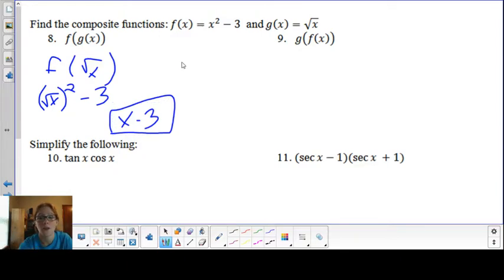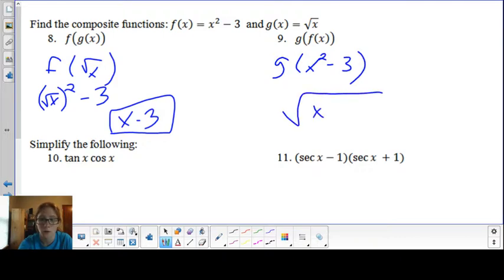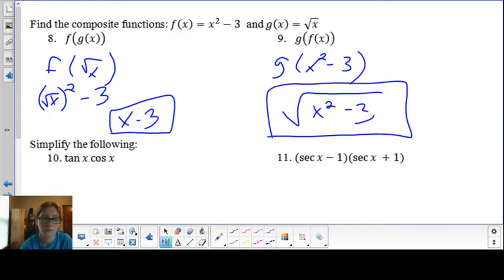I'm going to go opposite, and I'm going to put f inside of g. So I have g of this x squared minus 3. And g is the square root of, so it's going to be the square root of x squared minus 3. The difference between these two answers: in the first, I'm only squaring the x, and those will cancel out.